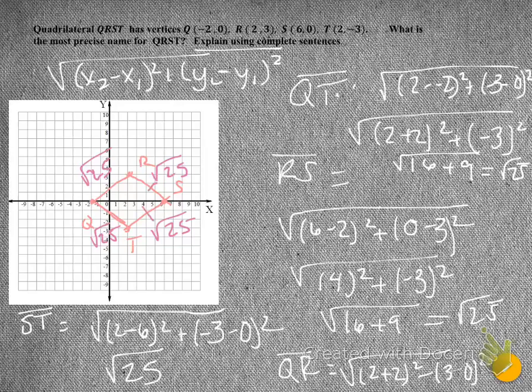So right now all of these are congruent, but now I need to check my slopes to see if we have any perpendicular angles, because if we have a right angle, that would constitute this as a square then. So we have to check to make sure that it's either a square or a rhombus at this point to see which one it is. So I'm going to erase all this and we're going to find the slopes of all of those sides.